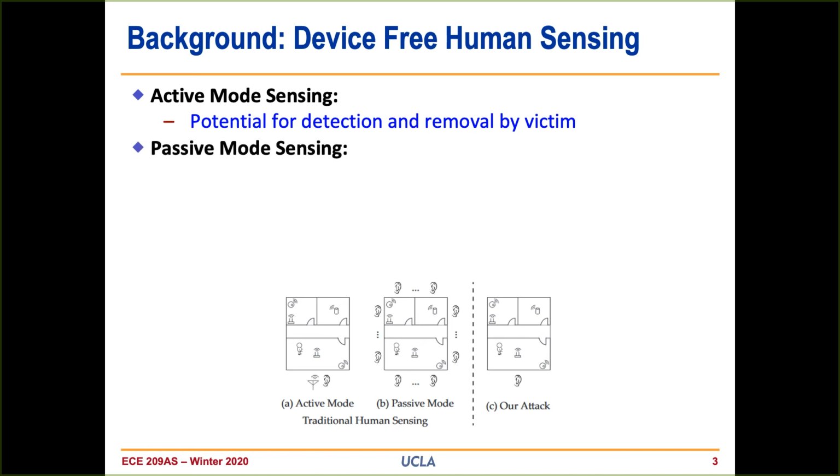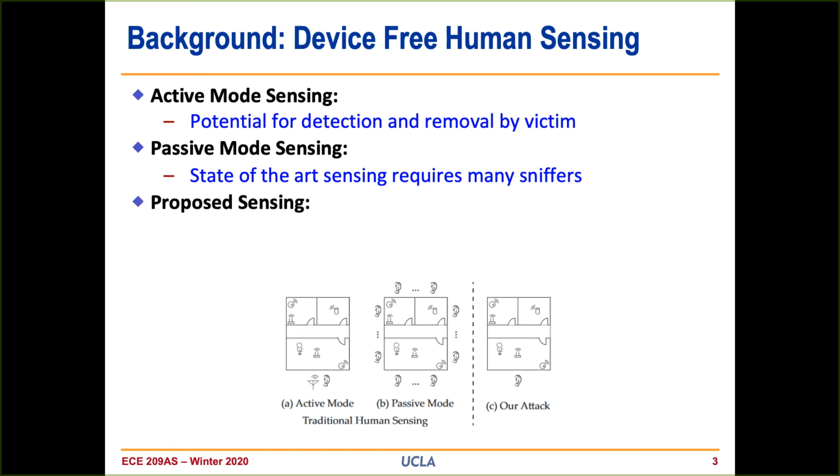So passive mode sensing, which this paper does end up using, pretty much only listens in on the RF signals that are being sent outside of the house. They have no control over it. At the time of the paper, the state-of-the-art sensing required a lot of different sniffer devices, as you can see in Figure B down there. You have a bunch of sensors surrounding the house listening to get good information on where people are located.